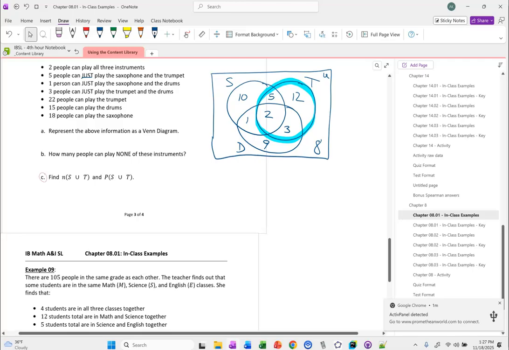And I want to ask to find n of S union T. What does that little n out front mean? That's the number of things in that set. So how many things are in the set S union T?